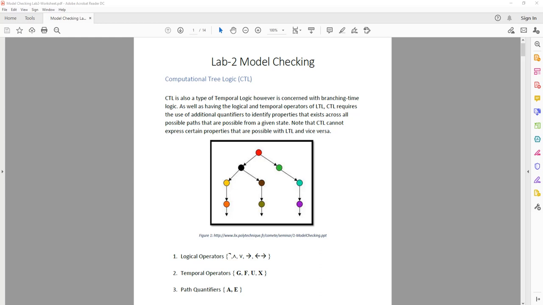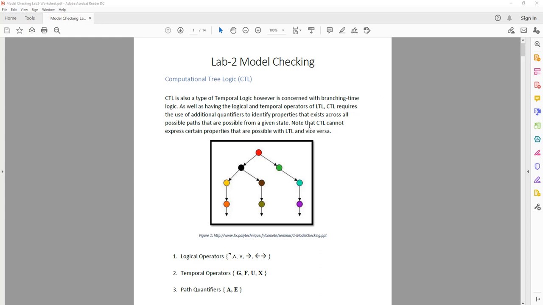As well as having the logical and temporal operators of LTL, CTL requires the use of additional quantifiers to identify properties that exist across all possible paths from a given state. This basically means that in LTL, every state only had one possible successor because you're always operating on a linear path.